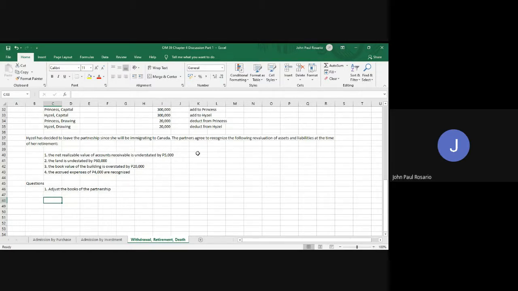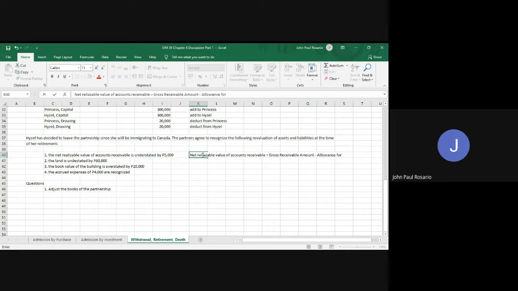Remember that the net realizable value of accounts receivable is equal to the gross receivable amount less allowance for bad debts. So when we adjust the net realizable value, what we adjust is the allowance for bad debts.